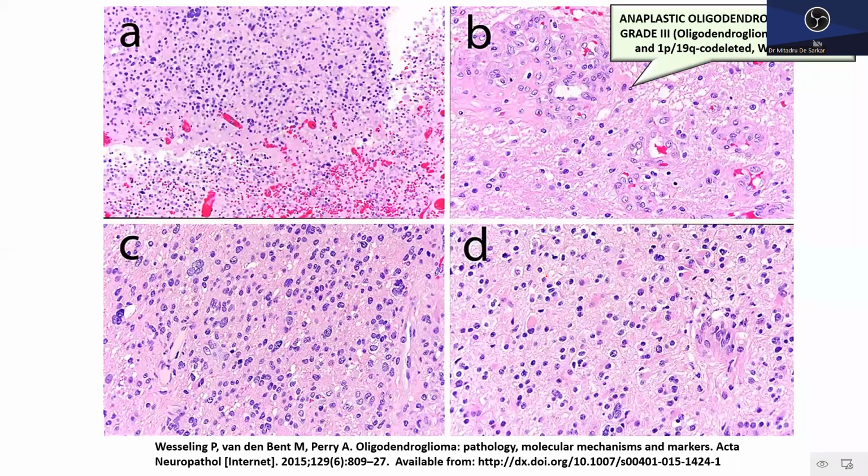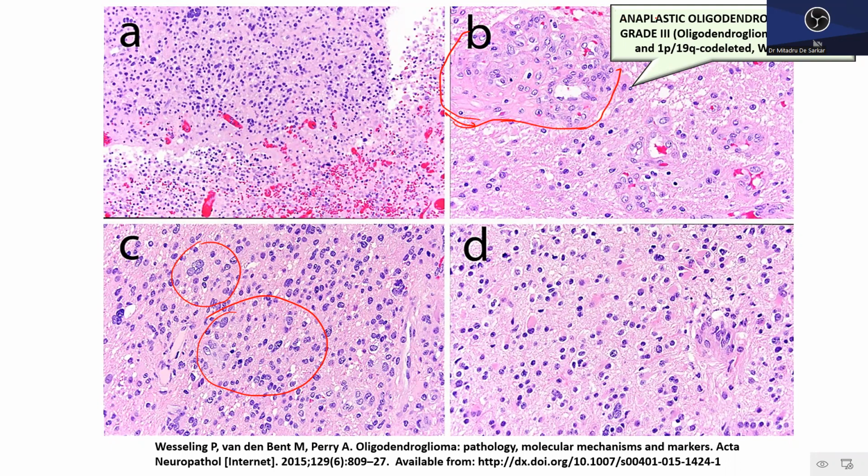This, however, is a case which is a proper oligodendroglioma. So these are your oligodendroglioma cells, which are obviously showing atypia, and in addition to the atypia within the oligodendroglial cells, you also have, in figure B, microvascular proliferation, thus upgrading your diagnosis to an oligodendroglioma of grade 3. In the olden days, this would have been called anaplastic oligodendroglioma.